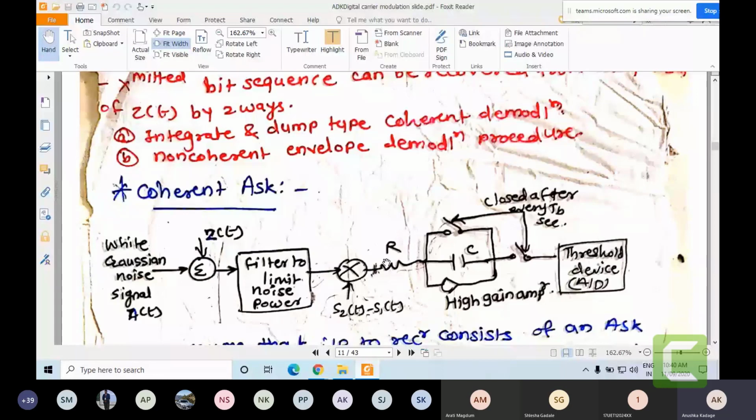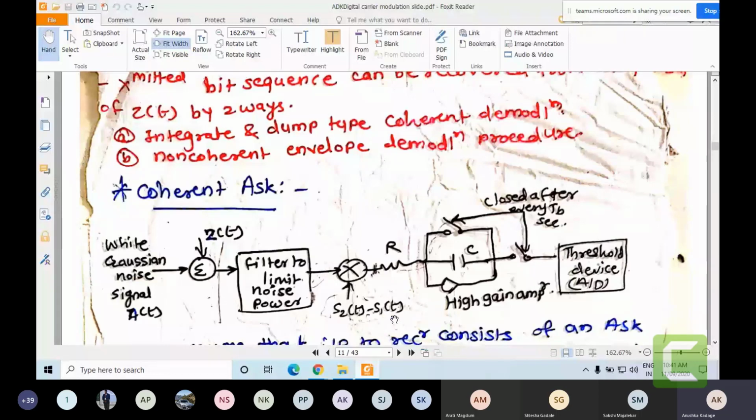Now we will check why it is mentioned as coherent demodulation. Because for coherent demodulation to exist, we have said that at the receiver also we should have a locally generated carrier, and that locally generated carrier should have the same phase and frequency as the transmitted carrier. And that is what we are observing over here, seen with the S2T minus S1T signal.